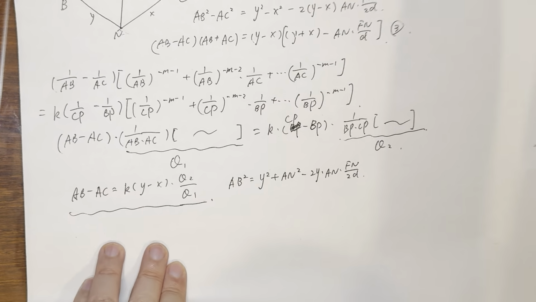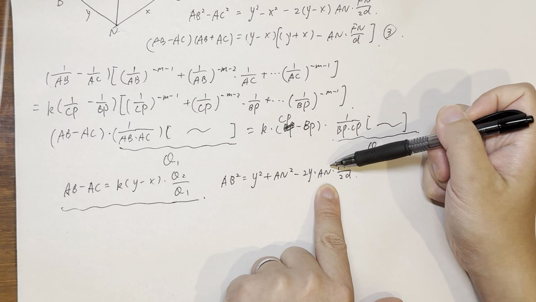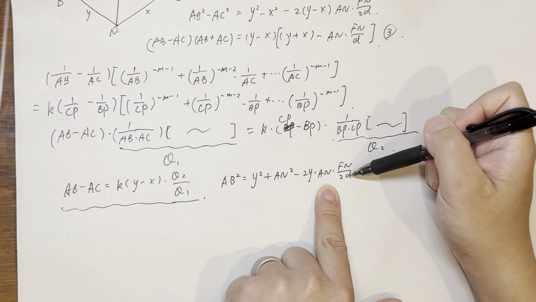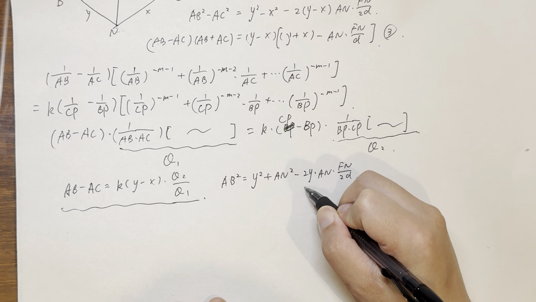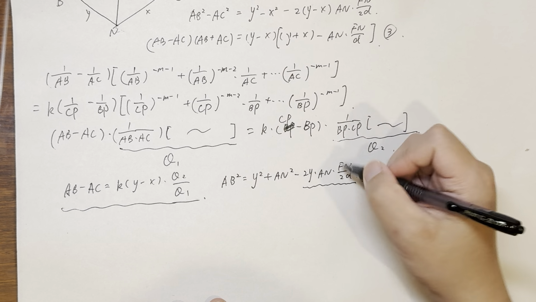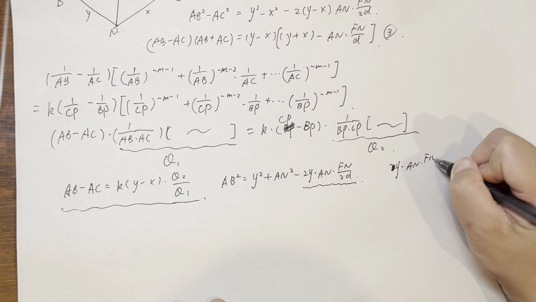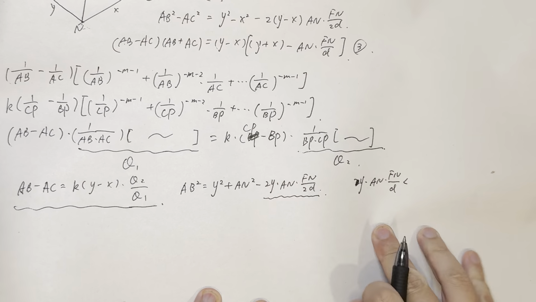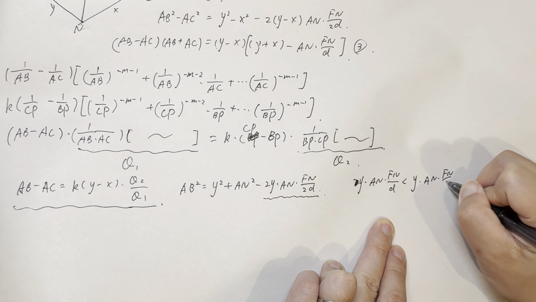D is larger than y, meaning that this term, 2y AN FN over 2D, should be less than y AN FN over 2y.